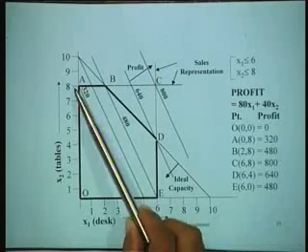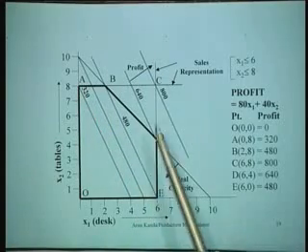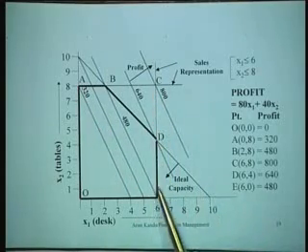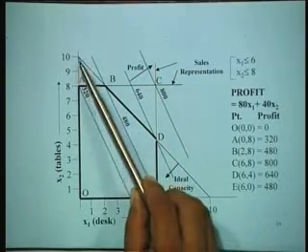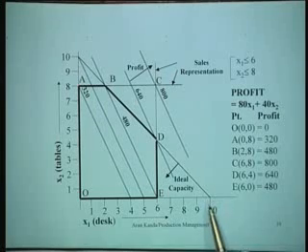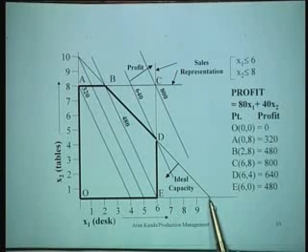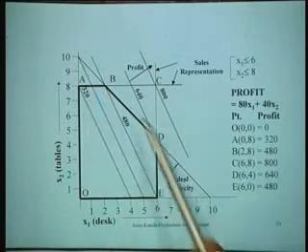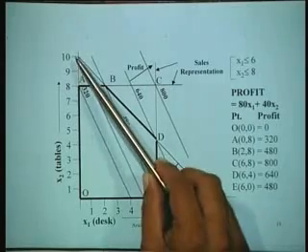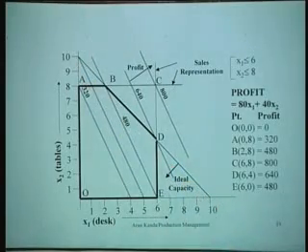You can't sell more than 8. You can't sell more than 6 desks, so you have this line here. And the ideal production capacity, where you have utilized both, because for each capacity you have 10 hours available, so 1 hour on each, would be just a line here with intercepts 10 and 10 on both sides.